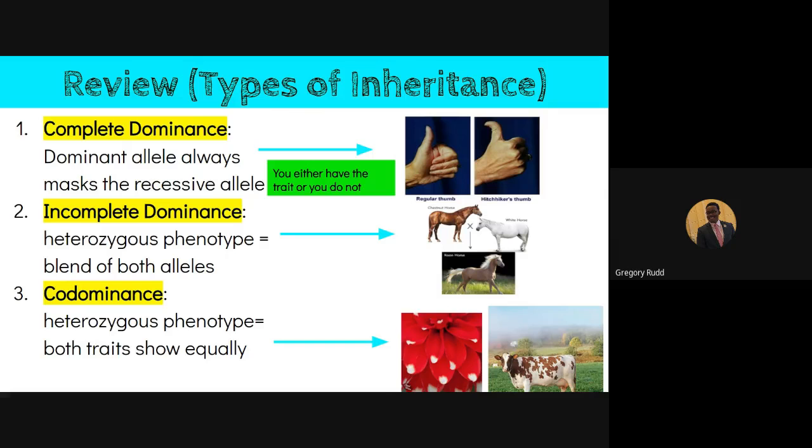In incomplete dominance, if I have a heterozygous genotype, let's say R and R prime, the resulting trait is going to be a blend of both the dominant allele and the recessive allele. And then in codominance, if I have a heterozygous phenotype, let's say I've got R and B, then my trait is going to show each of those alleles equally.